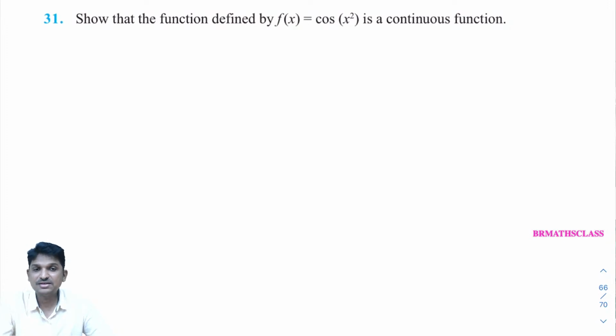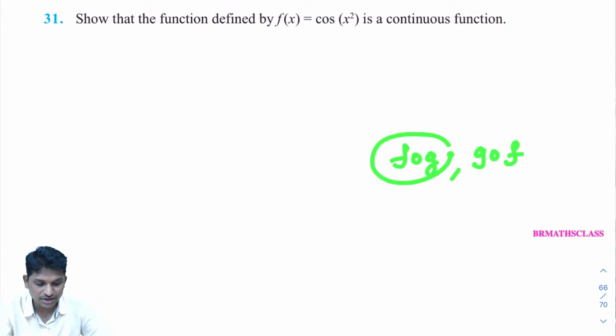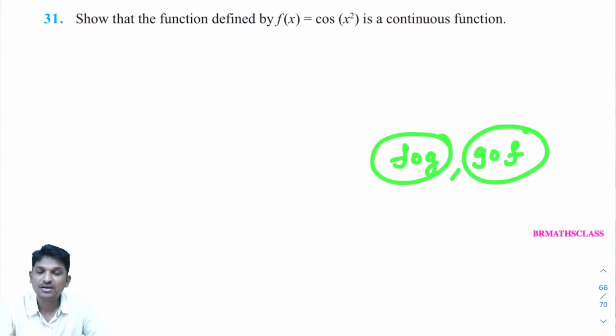If f of x, g of x are continuous functions, then f circle g, g circle f are also continuous on their domain. I am going to use this concept to do the coming 3 problems.